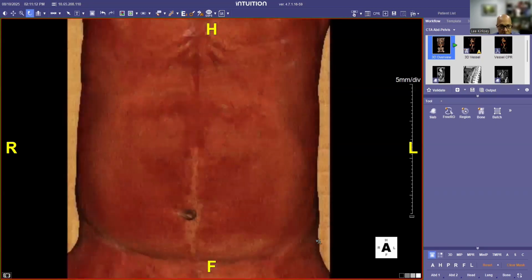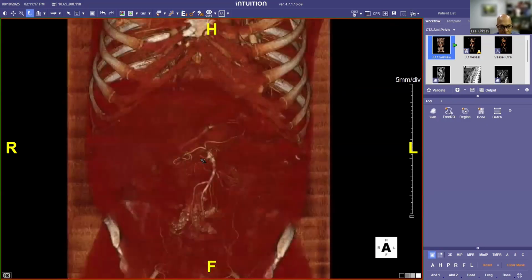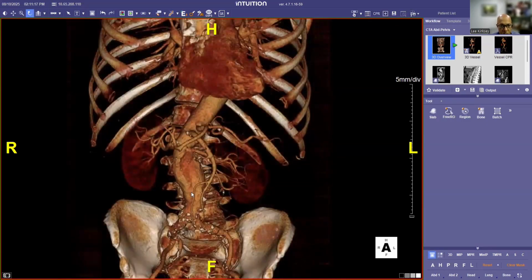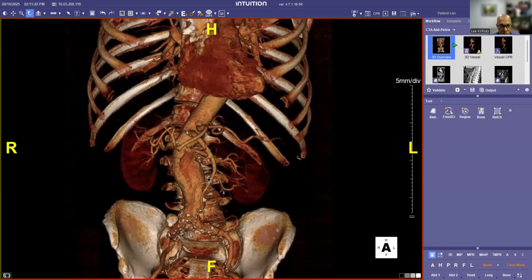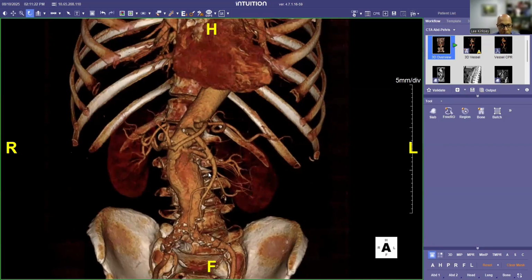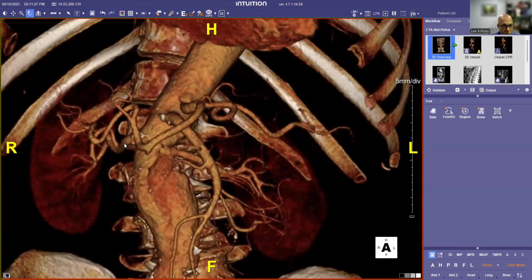Most people want to know where their abdominal aortic aneurysm occurs. In this case, here's the belly button. And with the skin off, one can see the abdominal aortic aneurysm in its most common location, below the renal arteries.